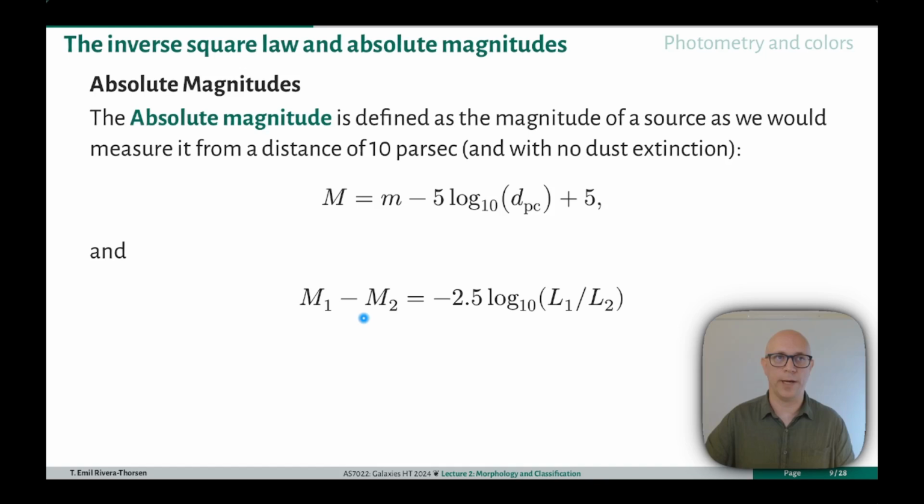Again, because apparent magnitudes are an expression of measured flux in our detector, whereas the absolute magnitude is a measure of absolute emitted flux or absolute emitted luminosity from the object itself.